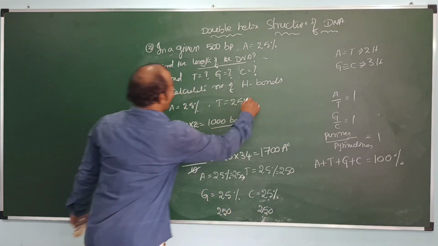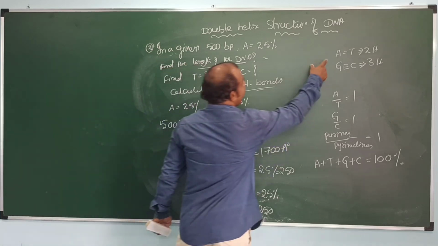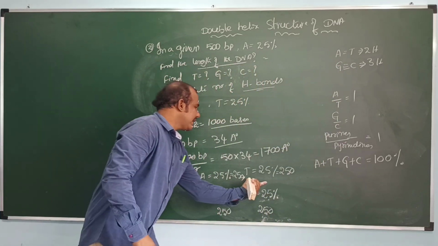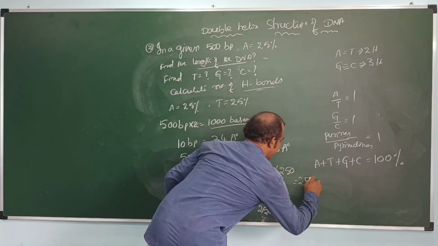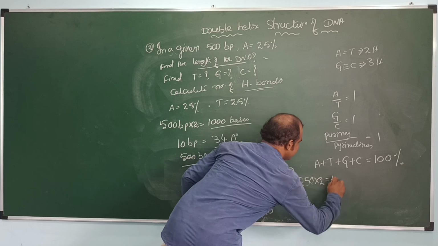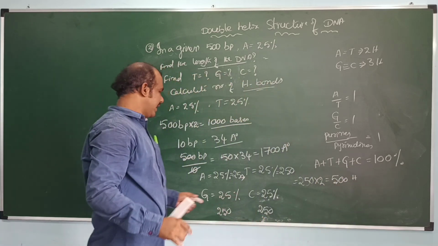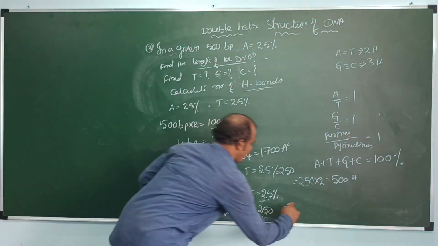Let us calculate the hydrogen bonds. How many hydrogen bonds exist between A and T? 2 hydrogen bonds. How many A and T pairs are there? 250. So 250 into 2 is equal to 500 hydrogen bonds between A and T. And how many G and C pairs are there? 250.